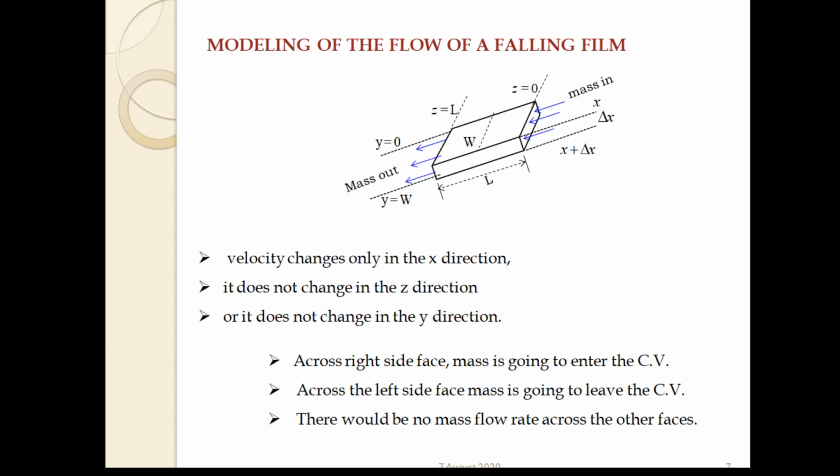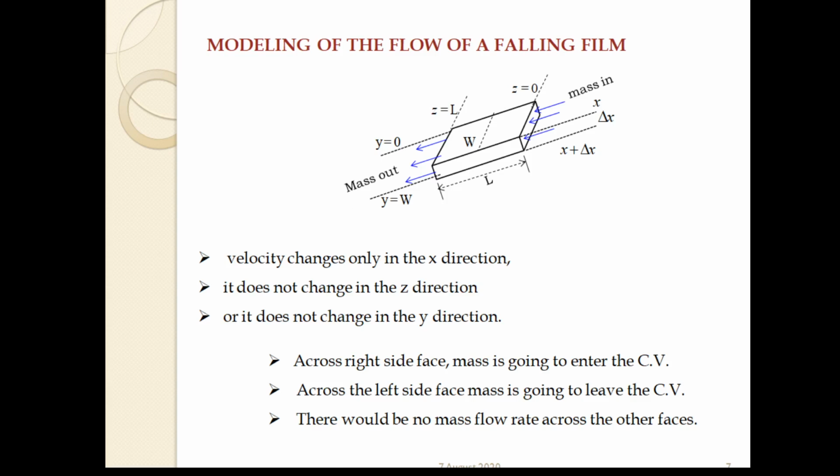We will also understand that the velocity at a point below that control volume and the velocity at a point above the control volume are different, because this is my x direction, and somewhere down below that control volume I have my solid plate. So velocity over here is more compared to the velocity over that portion, as I approach towards the solid plate.